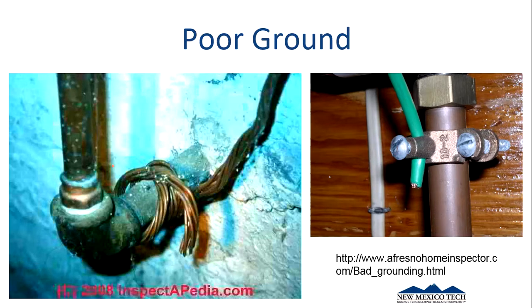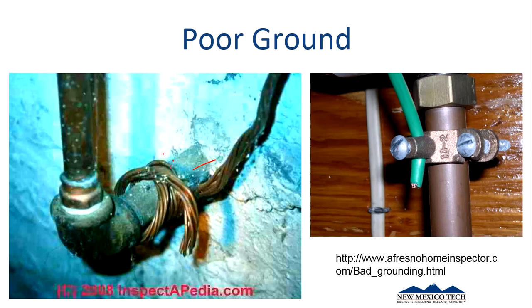I will throw out here just a couple poor grounds. In a lot of older buildings, and even some newer ones, you've got copper pipes running through the building, and lots of big copper pipes that run out to the street. It looks a lot like an earth ground. And so it's not a terrible practice to ground things to the plumbing.